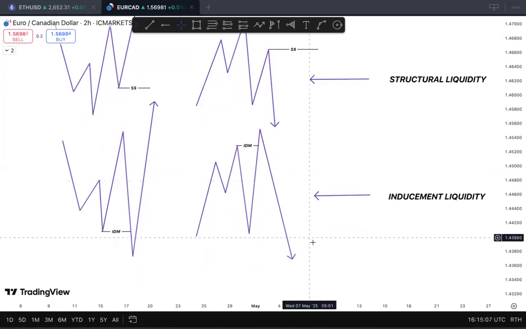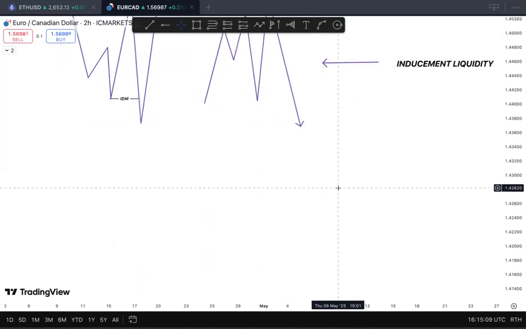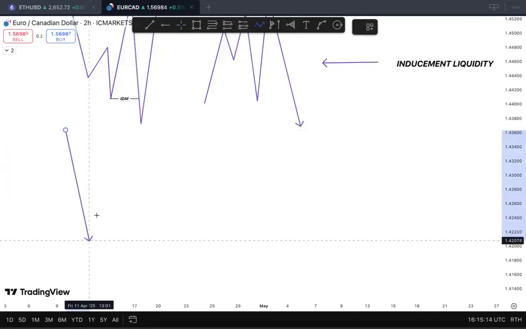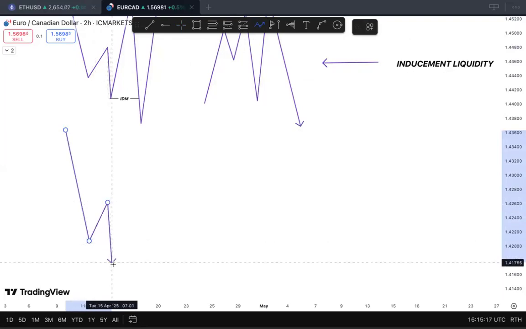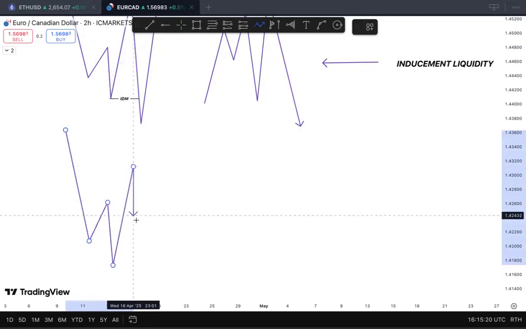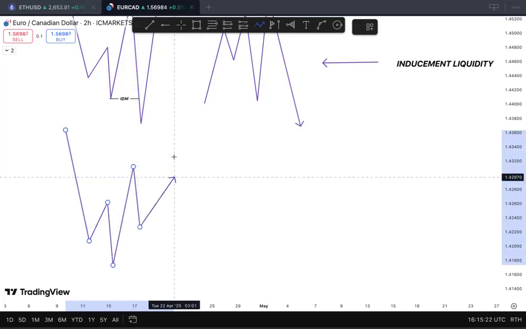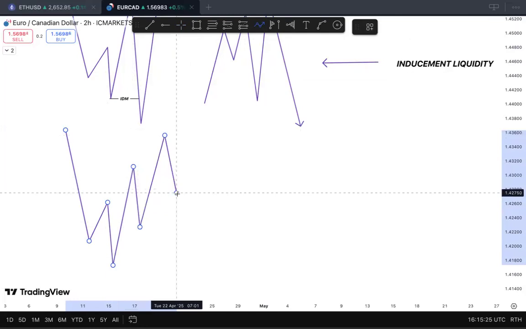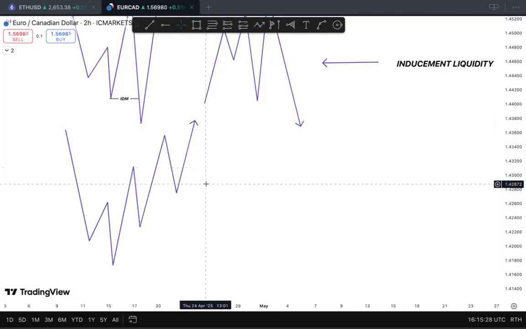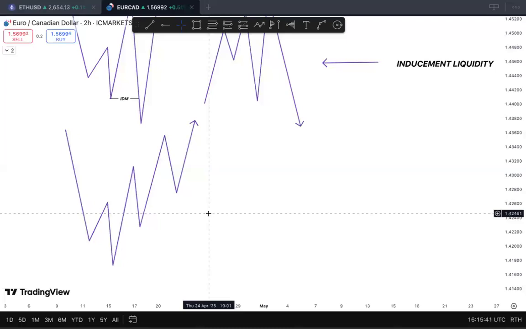So let's go back to our structure. I want to explain something using the structure that we used yesterday. So for example, we have this, a sweep. Usually with our model or strategy, we are expected to have all forms of liquidity in place, most especially the transactional liquidity and the structural liquidity.